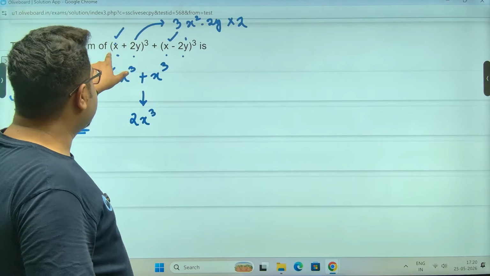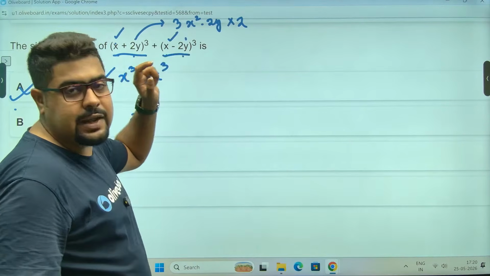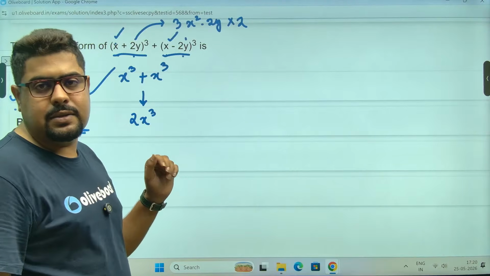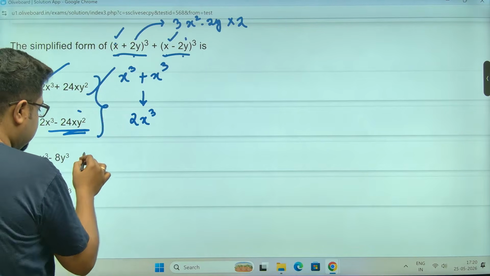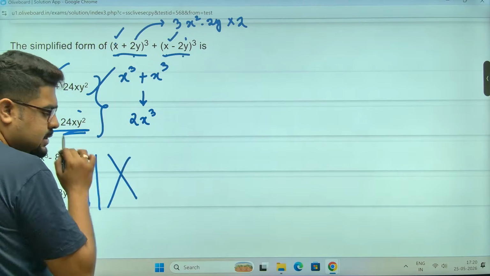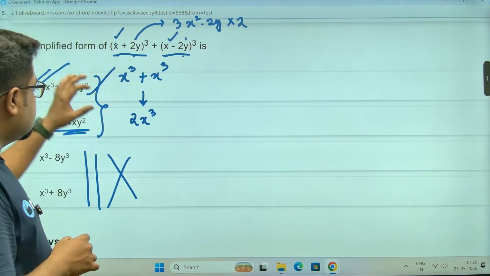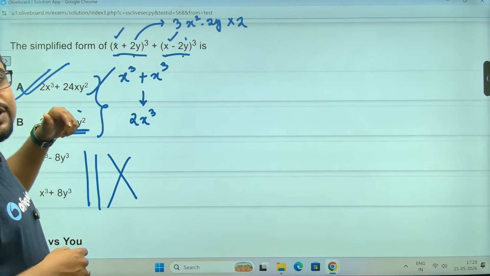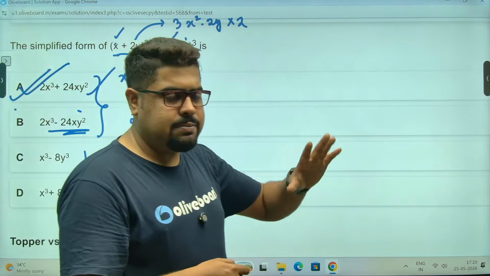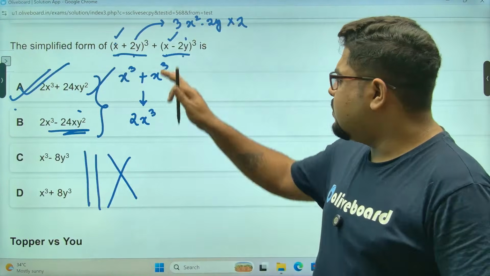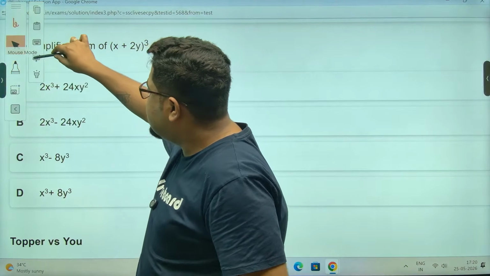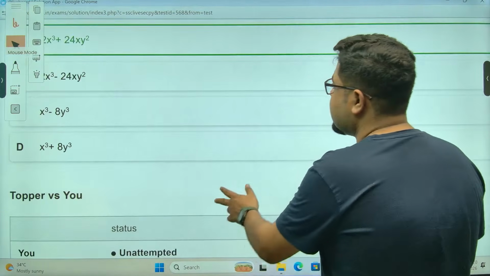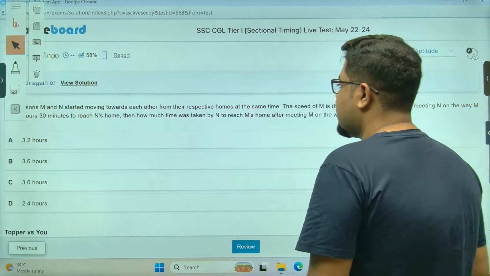Everything here will be positive, there a negative, so plus and minus will cancel. So the most possible answers were these two. These two can never be the answer, sir. So out of these, the only possibility is option A. Hence I refrained from calculating everything, and I can say with 100% confidence that this is my correct answer. Clear, sir?